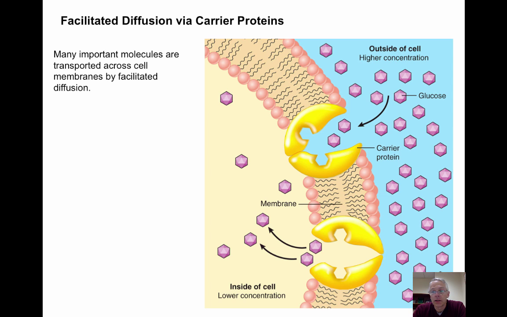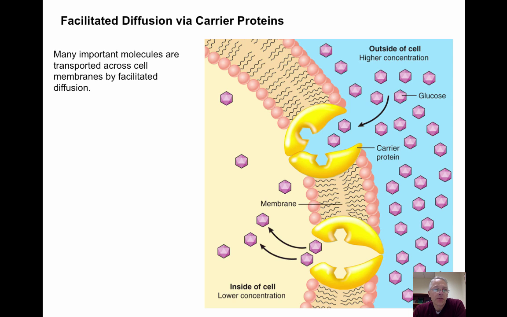We talked about different types of transport across cell membranes, diffusion and osmosis, transport through channel proteins, and how some of those channel proteins can be gated so that the cell has some control over the movements of ions through those channels. And I want to talk about a couple of other types of transport now that we maybe didn't have as much time for as I would have liked in class.